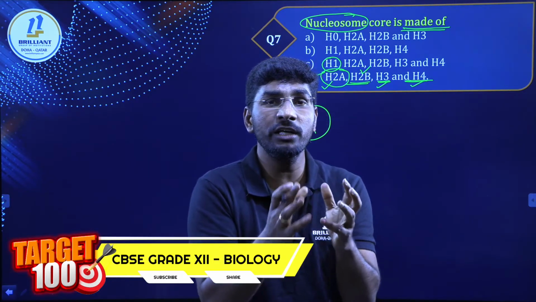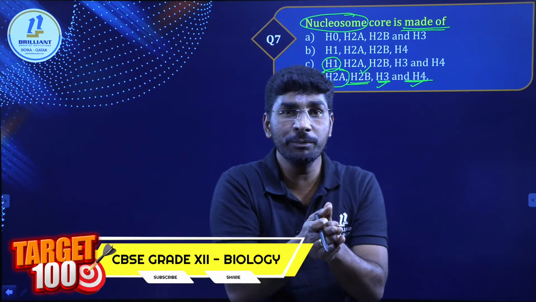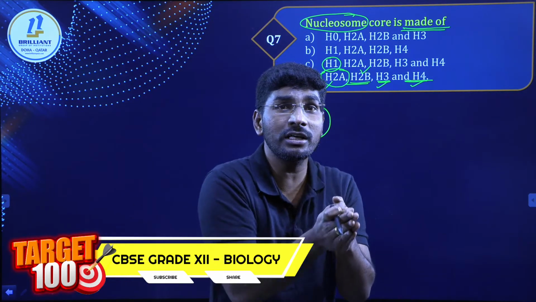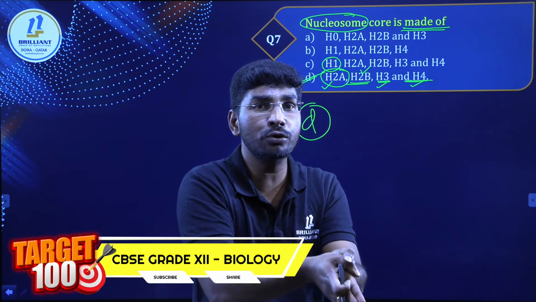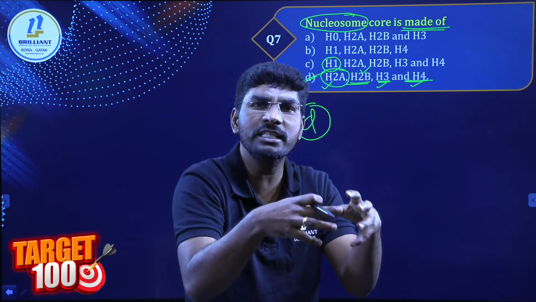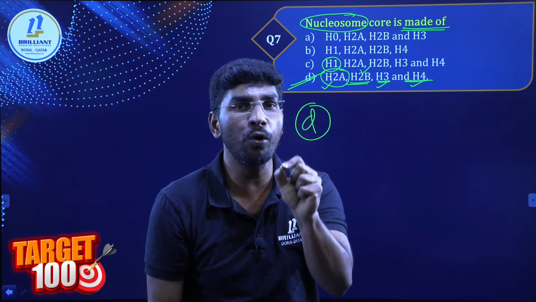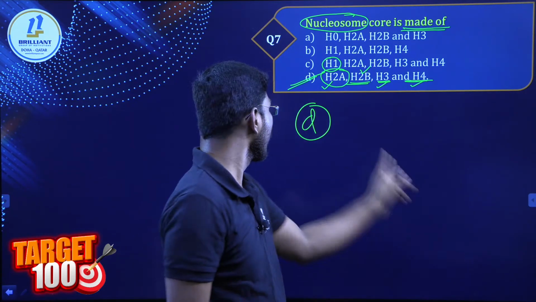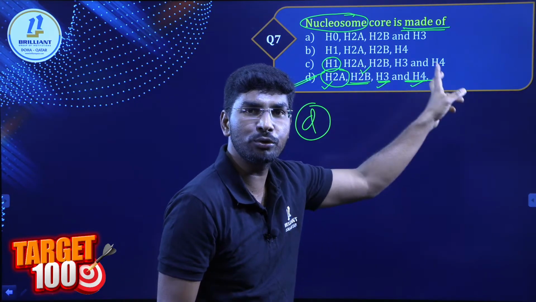H1 is the protein which holds these 8 octamer proteins. It is not considered part of the octamer. H1 is just for holding this 8-ball-like structure, the histone octamer. In the histone octamer, only 8 proteins are there: H2A 2, H2B 2, H3 2, H4 2.